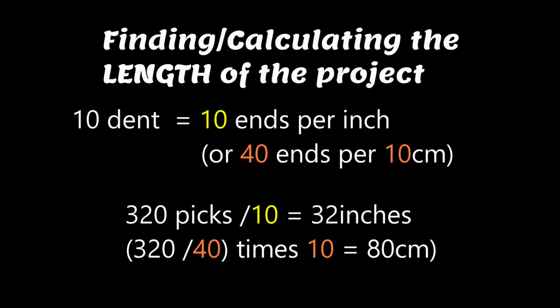This is, of course, for one hand towel, and I will show you how to add multiple hand towels per warp a little bit later on. Also, this is assuming a balanced weave.